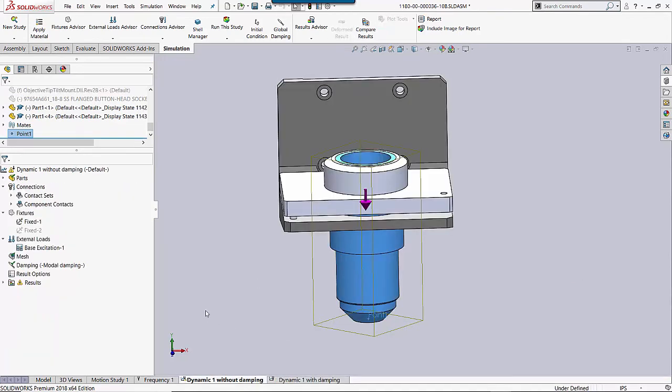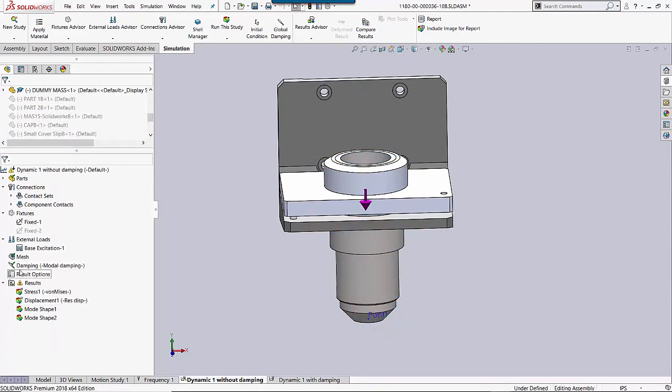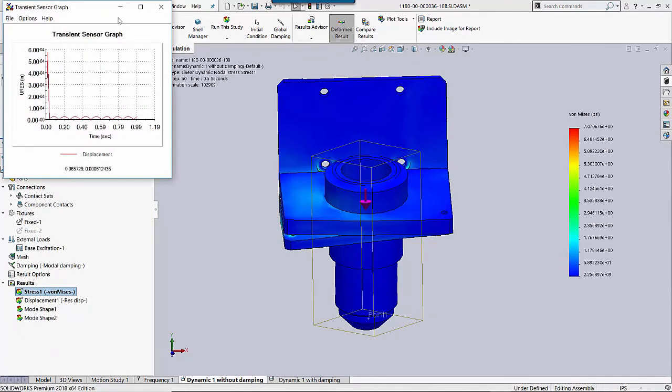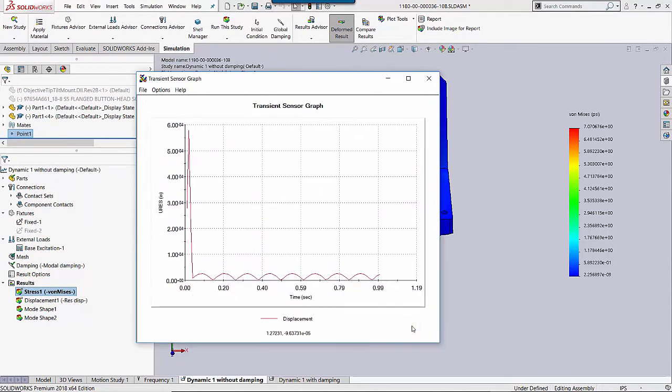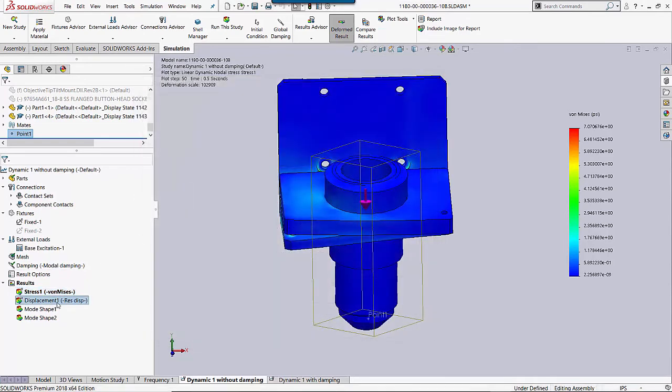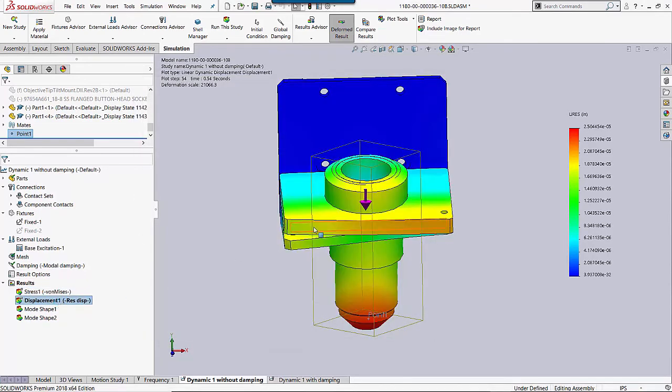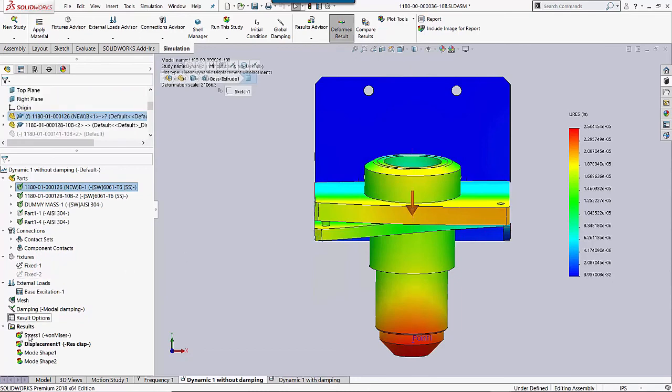I wanted to also show you what happened without dampening. You can see up here, if I right-click and graph this transient analysis, there's a lot of vibration after the excitation. It's fairly sinusoidal vibration.